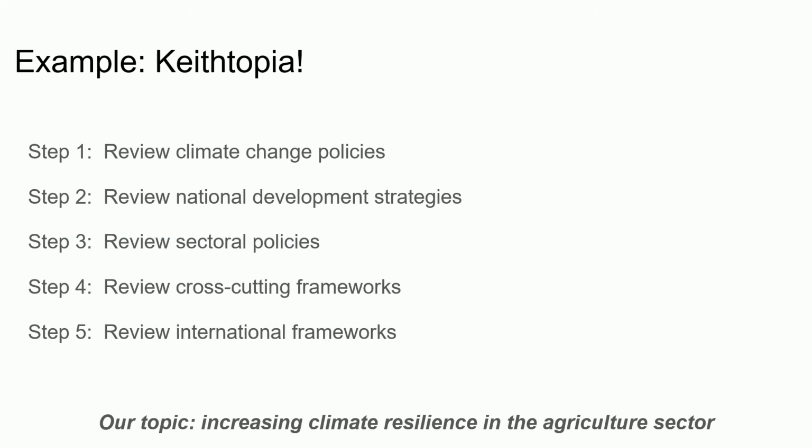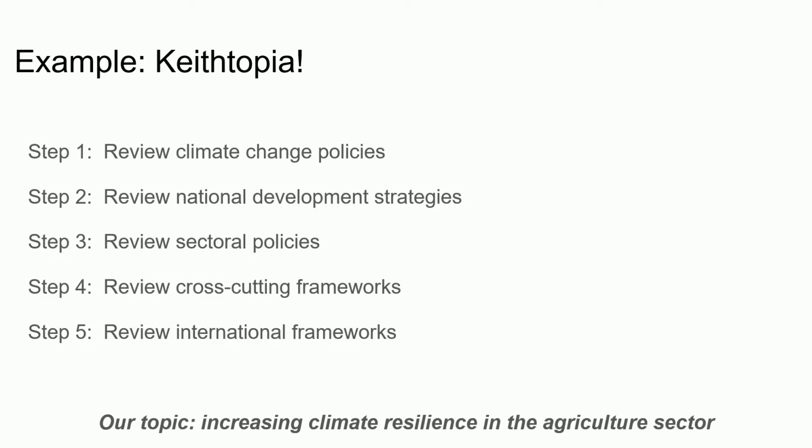So next, let's look at an example. We're going to use an example of a made-up country, a fake country, a fictional country throughout the whole module series. So we'll come back to Keithtopia. Keithtopia is the name of our fictional country, and I've named Keithtopia after myself because my name is Keith.